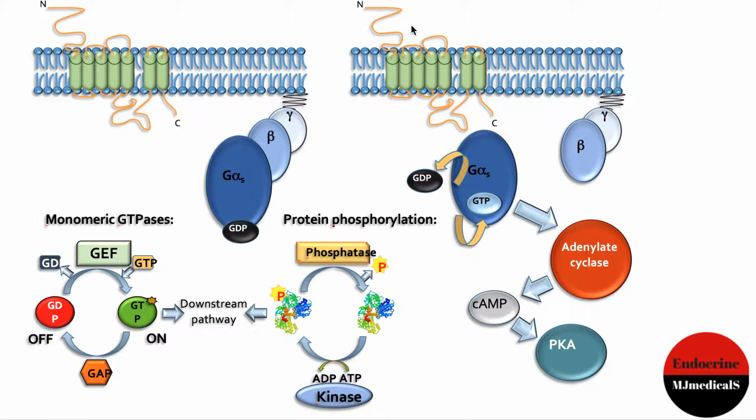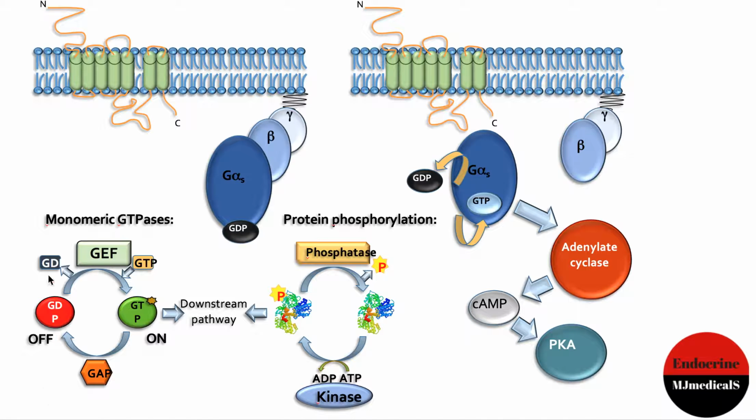So upon stimulation, the basic thing that you want to know is that when a stimulus is bound to the G protein coupled receptor, the G alpha subunit, the big blue circle, detaches from the beta and the gamma subunit, and the GDP on it is replaced by GTP, causing it to be turned on.